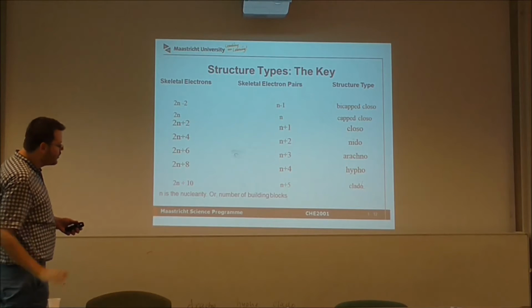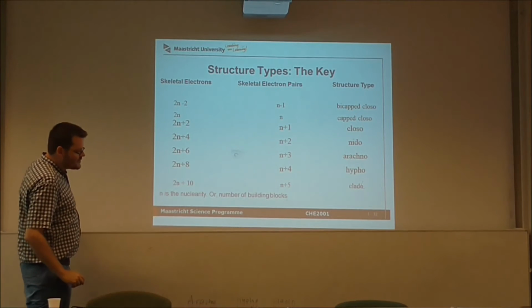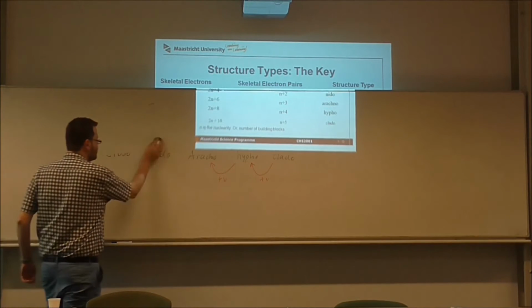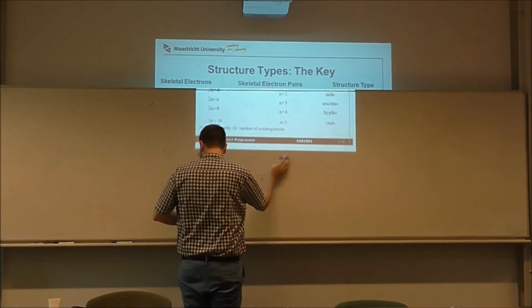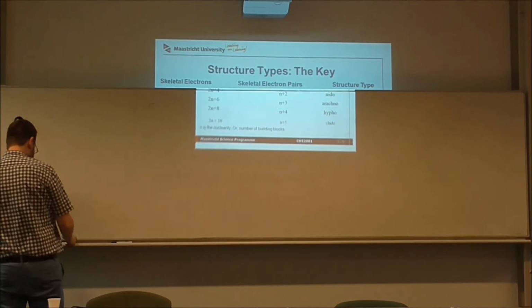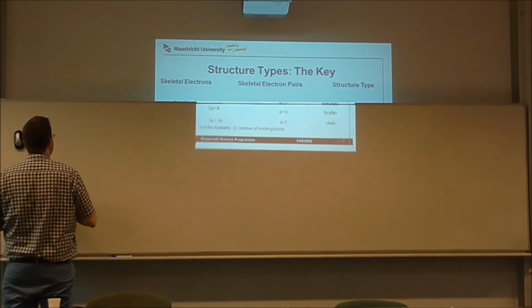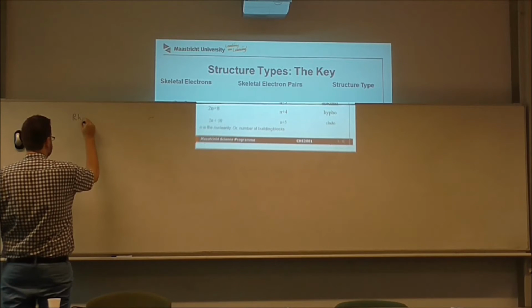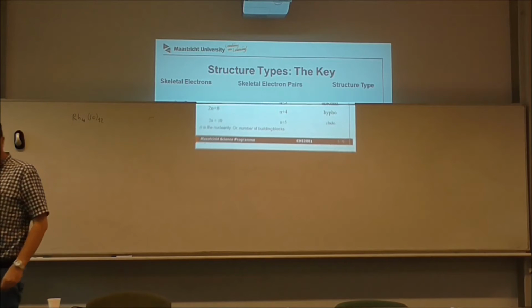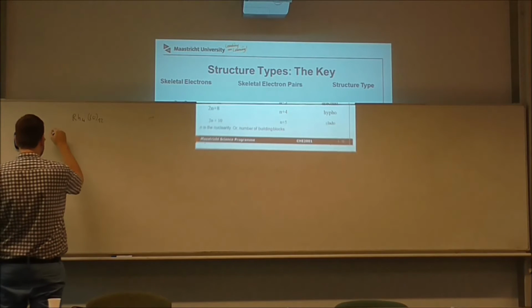All right. So we're going to do a Wade-Mingos analysis of a cluster. Let us take Rh4(CO)12. Now I'm going to write down the steps. How do we do a Wade-Mingos analysis?